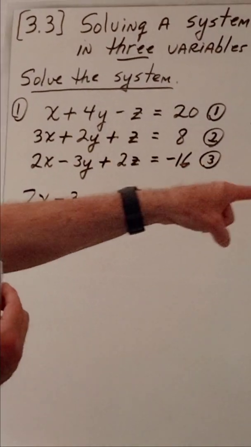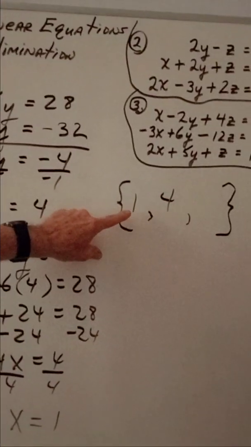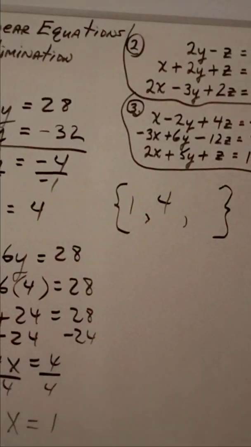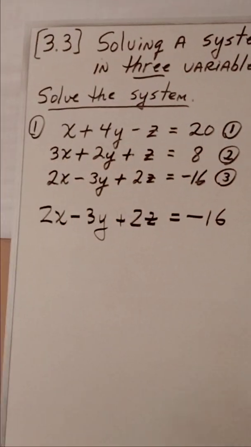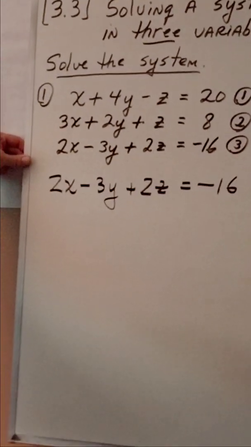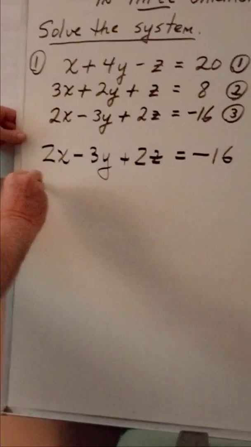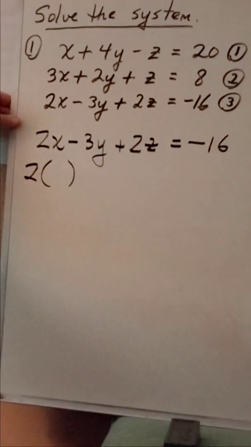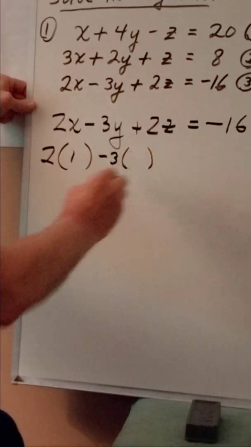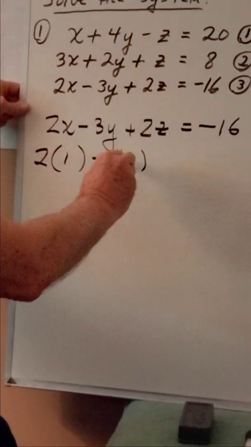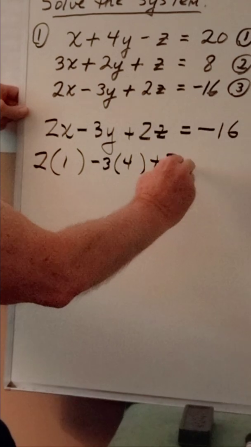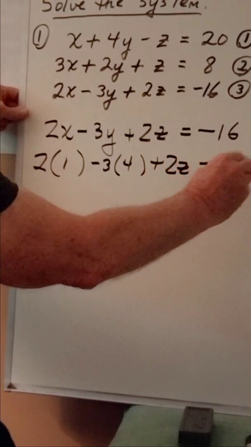Now let's substitute the value of x and the value of y into this equation, and we'll be able to find our value of z. 2 times the value of x, which is 1, negative 3 times the value of y, which is 4, plus 2z is equal to negative 16.